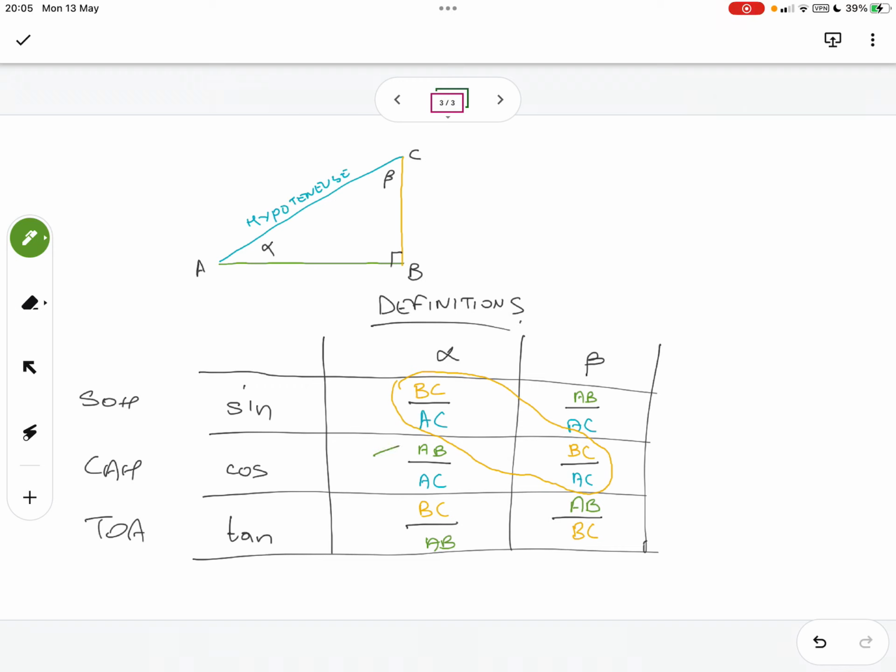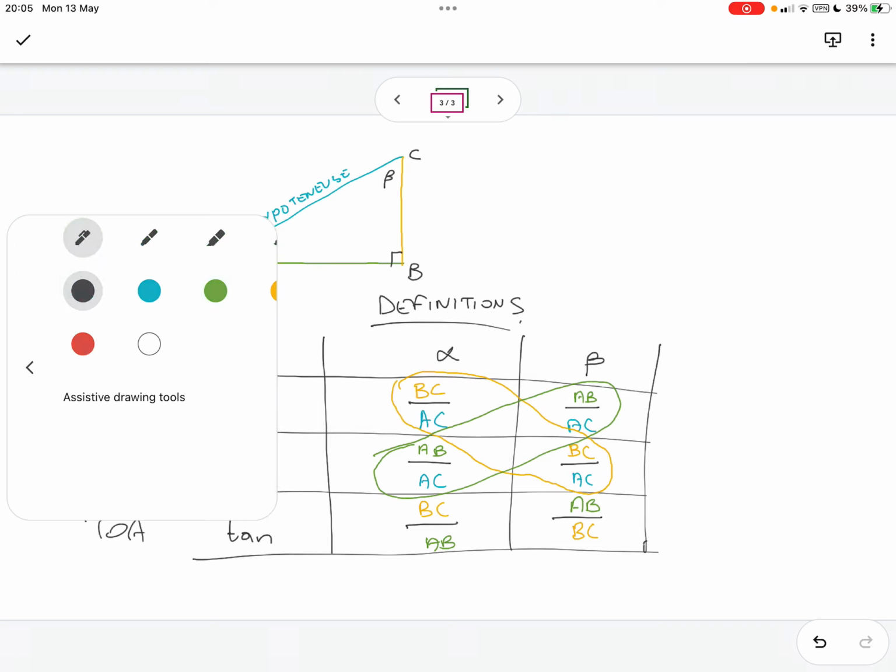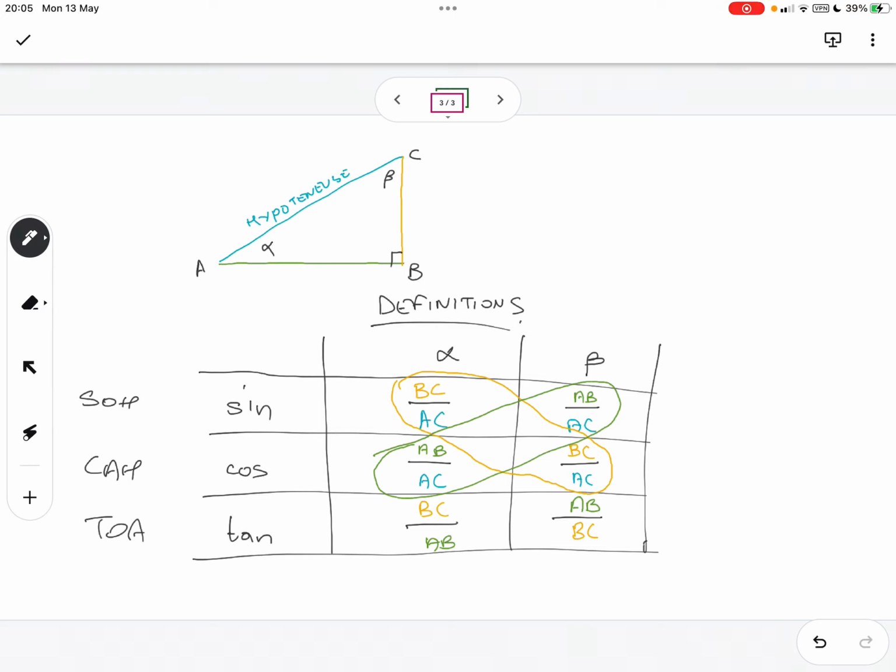Can you see something else? Just like the sine for beta is the cos for alpha. All right.